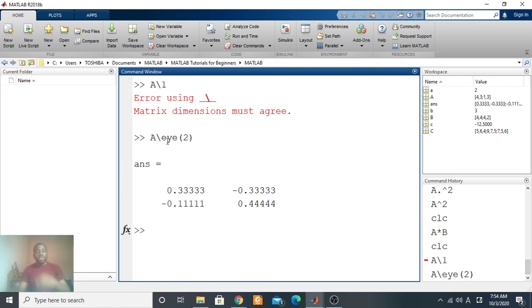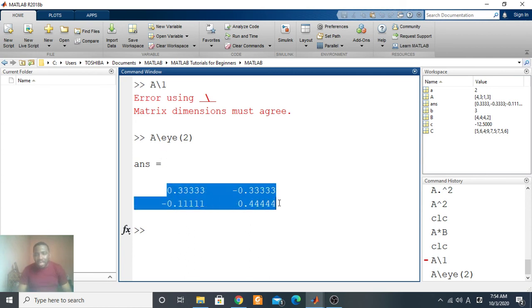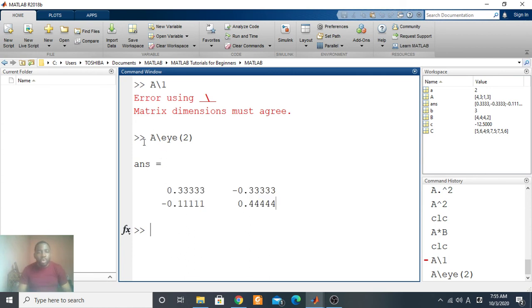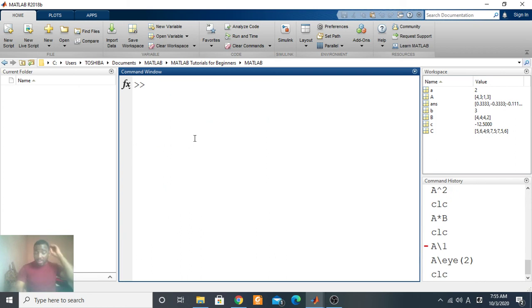So this should be exactly A inverse. All right, so you do the inverse and then multiply it by the identity matrix. I think we saw this command of I. All right. Good.